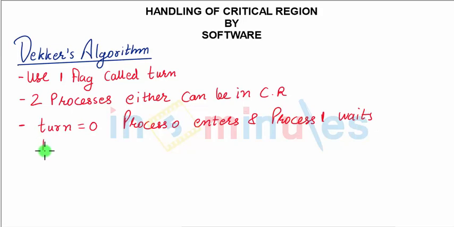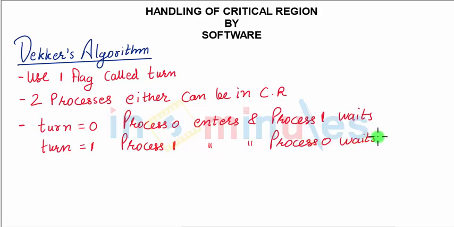But when turn is equal to 1, process 1 enters and process 0 waits. So basically, points to understand and remember is it uses one flag called turn, which would decide who would go in. It will have two values, either 0 or 1. This algorithm mainly targets only two processes, not more than two.